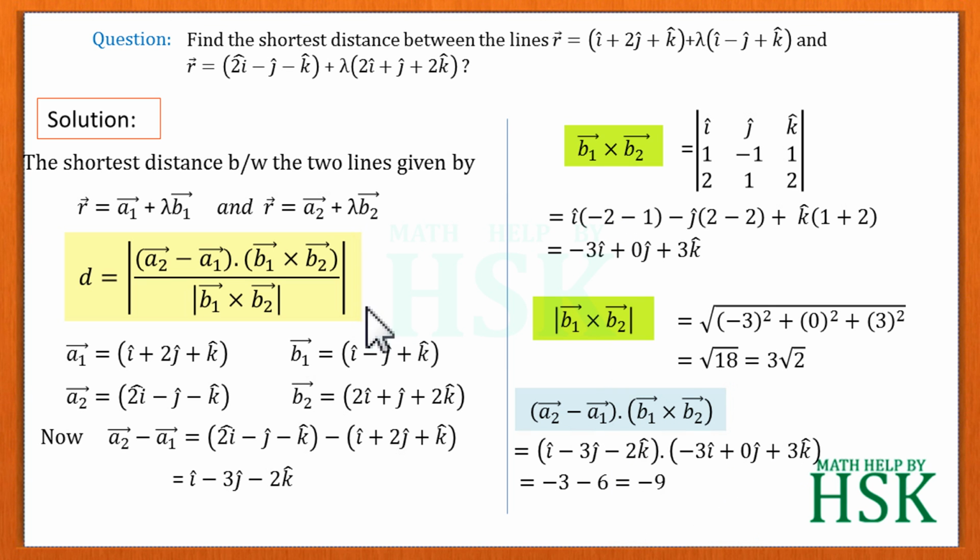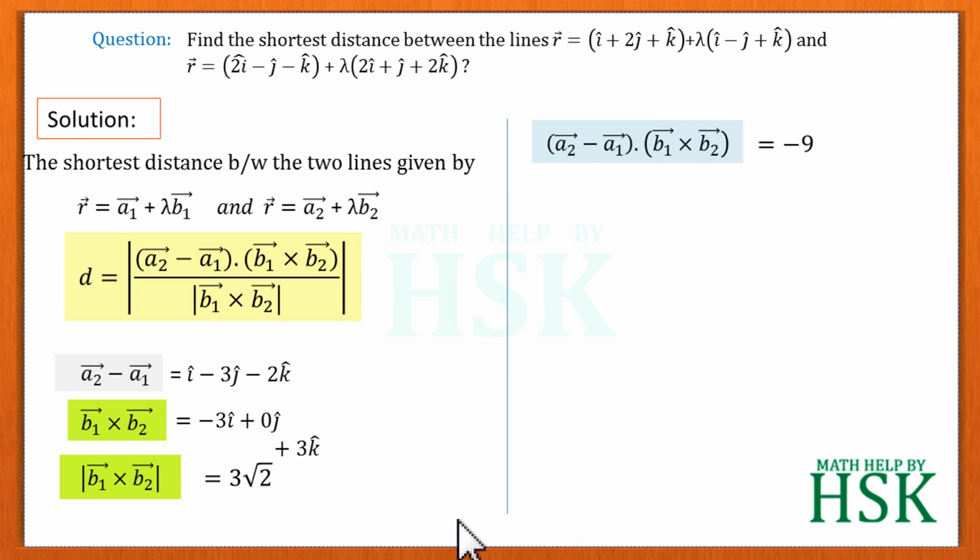So I have calculated most of the values required to calculate d. I just have to place the required values in this formula. The numerator, (a2 − a1) · (b1 × b2), is equal to −9, with the modulus making it 9, and the magnitude of b1 × b2 is equal to 3√2. So d is equal to the modulus of 9 upon 3√2, or this can be simplified as 3 upon √2.